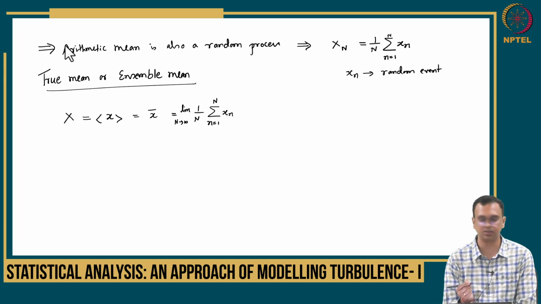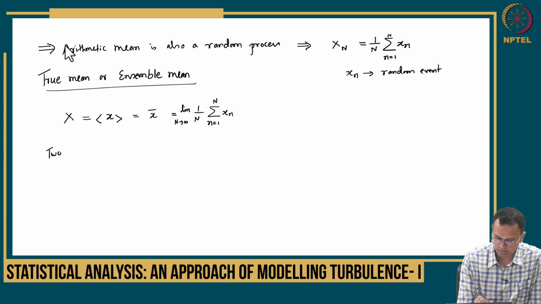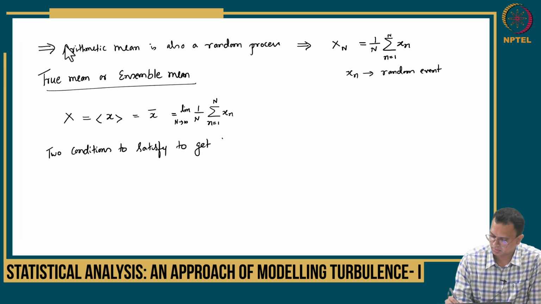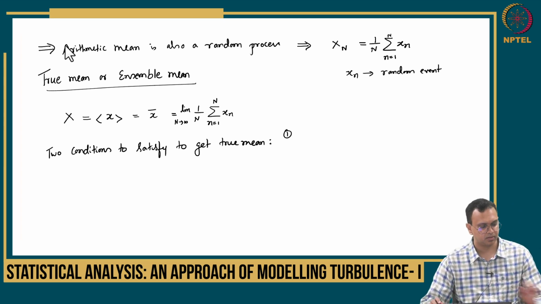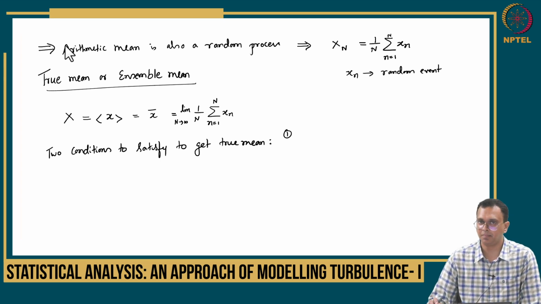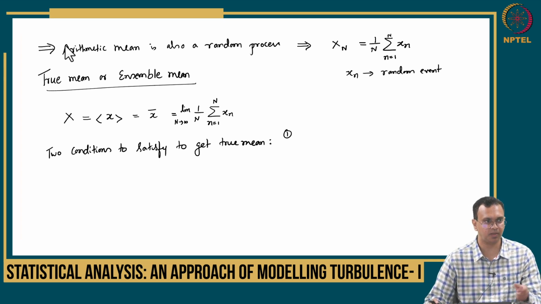So you need two conditions to satisfy to get the true mean, okay. The first one is the samples that you take have to be statistically independent. So you were telling that I flip it, I more or less know if I flip it like this I get it, right, but somebody else flipped it differently.